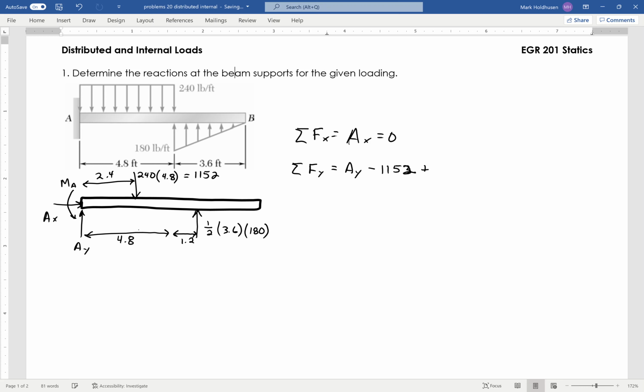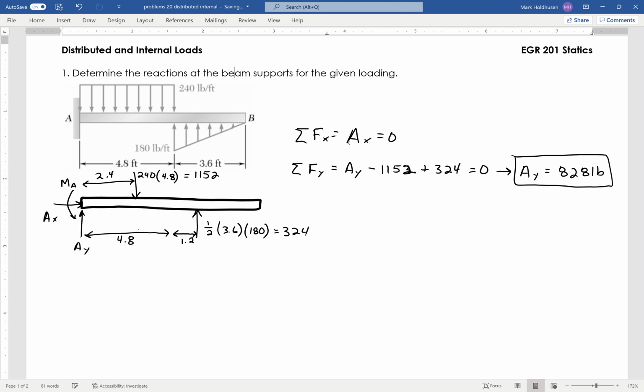And then I add to it, because it's going upward, the other one, which is 324. So plus 324 equals 0. So that's my forces in the y direction. And from that, I find that AY equals 828 pounds. So that's the y reaction at A.